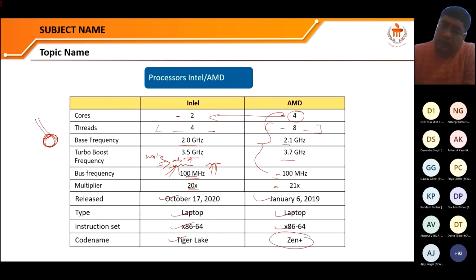So the next thing is, what is x86? x86 is an architecture model. What is the meaning of architecture model? It means if we want to perform a specific task, sometimes we need a specific architecture. Suppose you want to do image-processing-like work, then you need a GPU rather than a CPU.